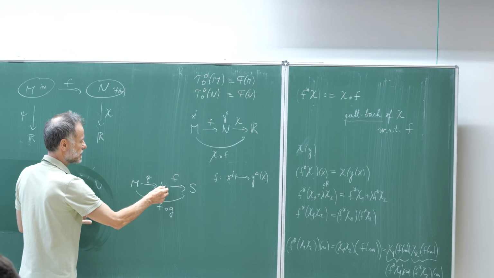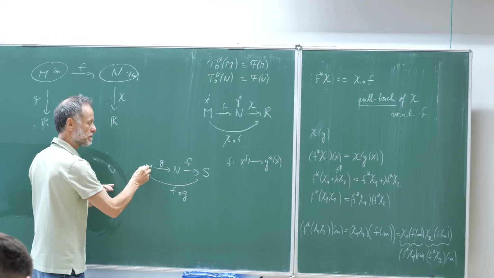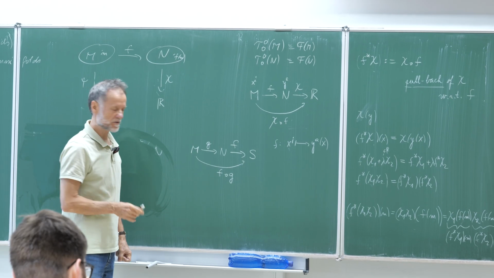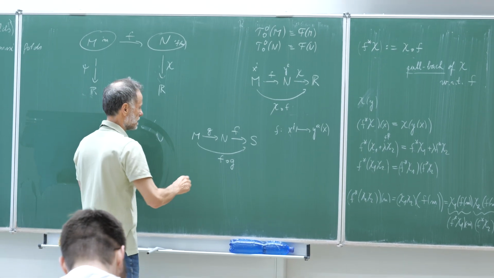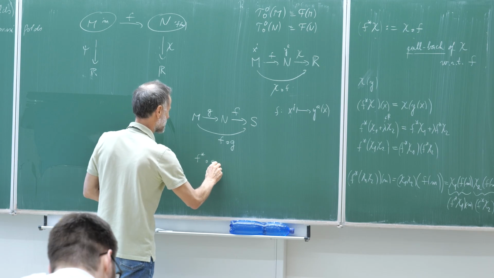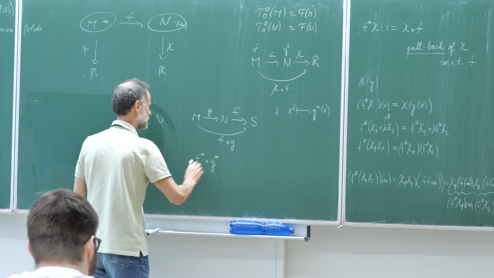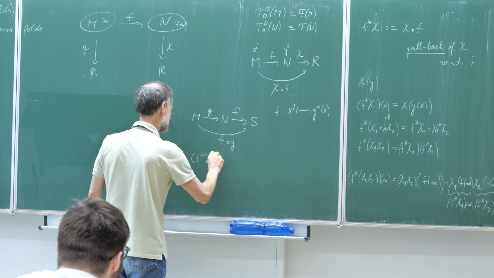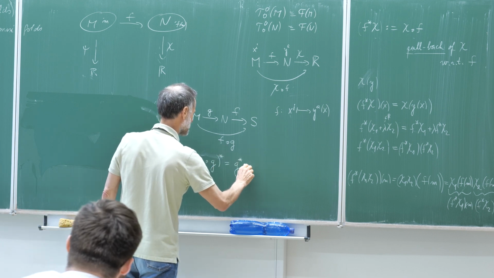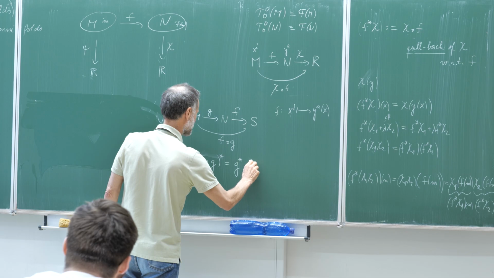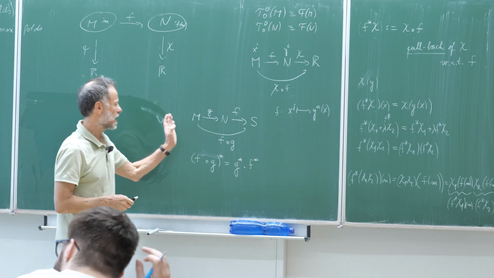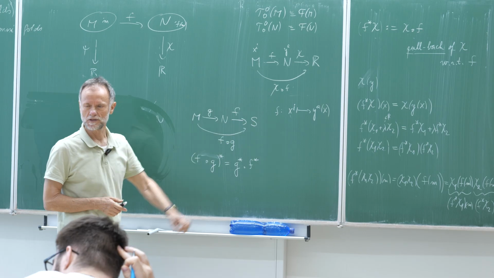Functions from S to N, functions from N to M, and functions from S directly to M, by three mappings. And it is trivial to check that this star is g star composed with f star. So apply it on some function and you will see.